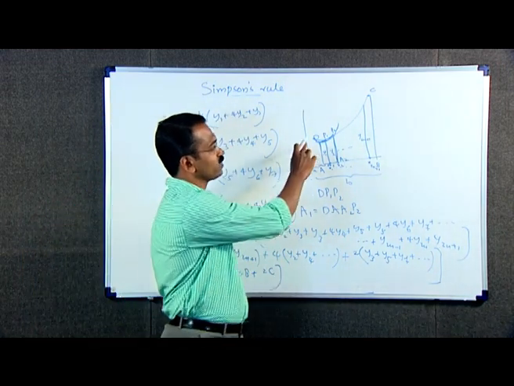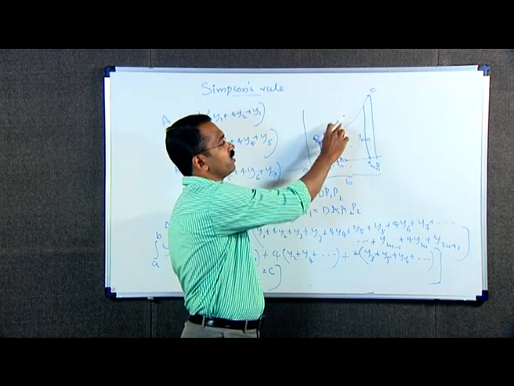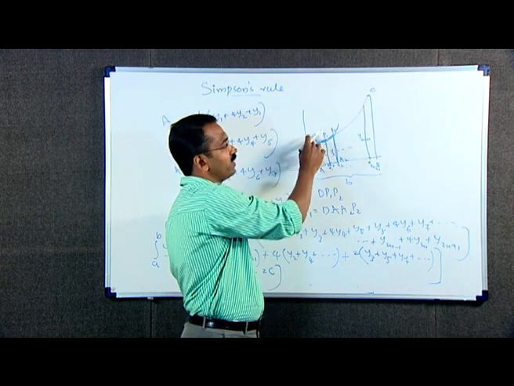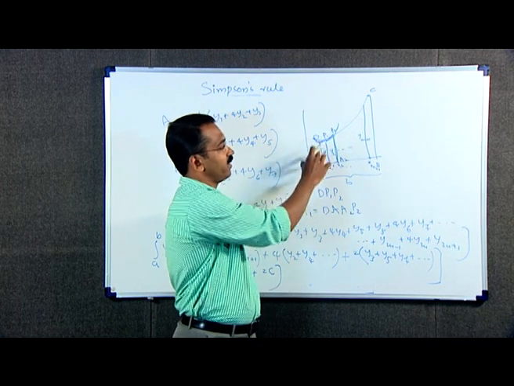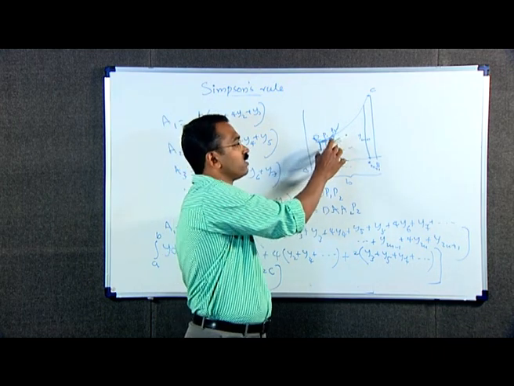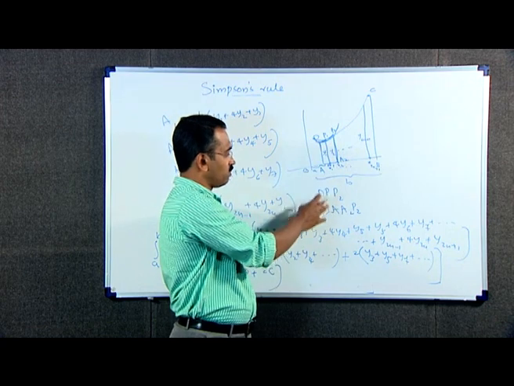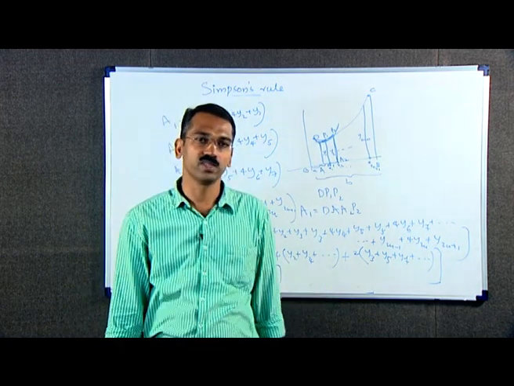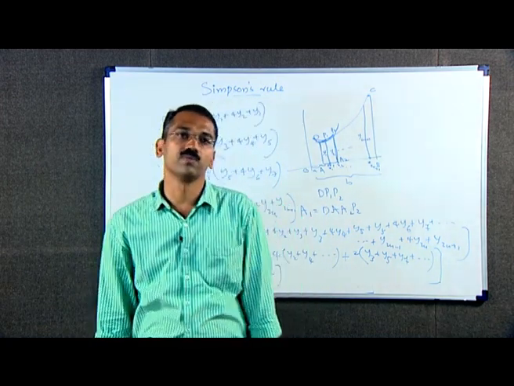We approximate the curve by a parabolic arc, find the corresponding area, and sum all these areas, and we get Simpson's rule.